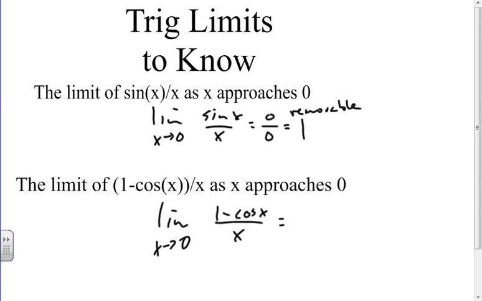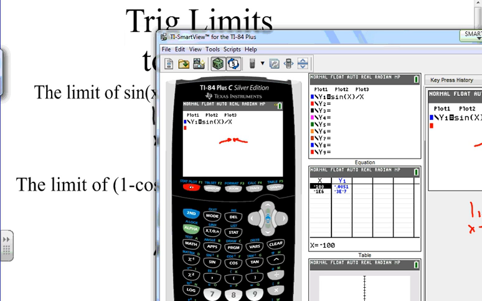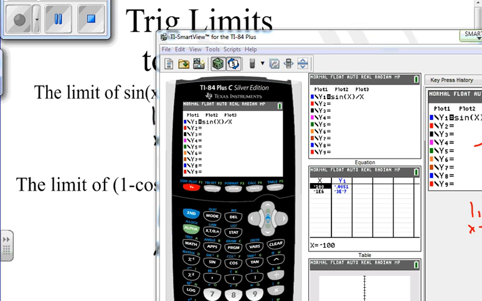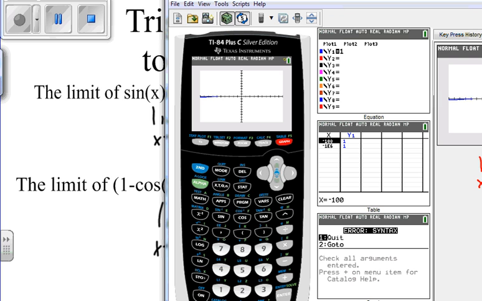We can do the same thing for this other trig limit: 1 minus cosine of x over x. As you graph this one, it looks like it's going to negative 1, but actually it is approaching 0.